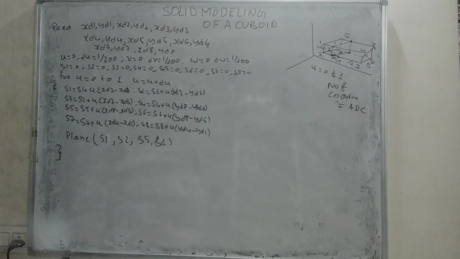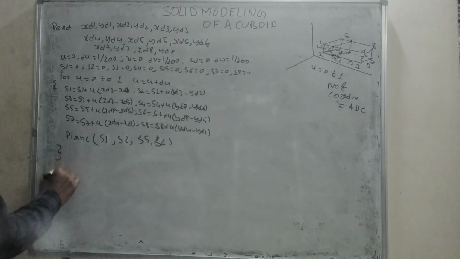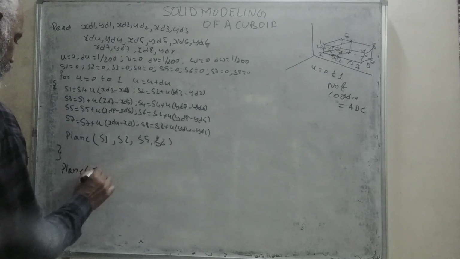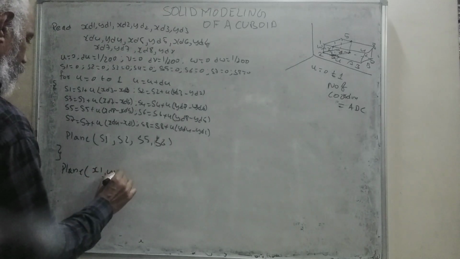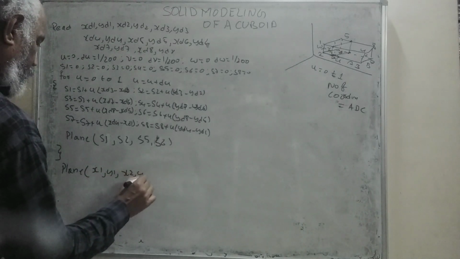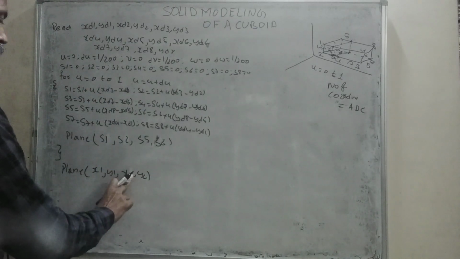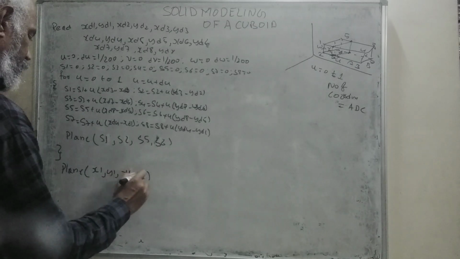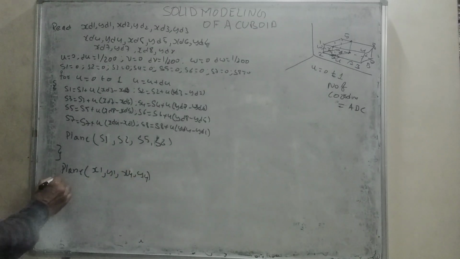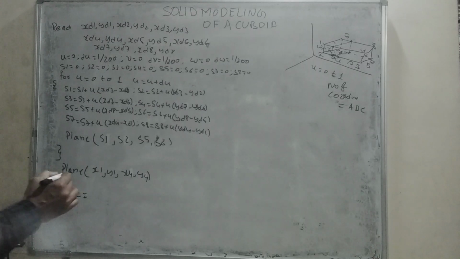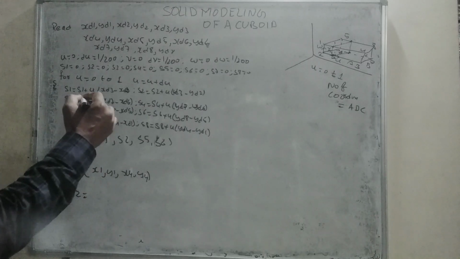Now, write down a program for the plane. In this plane, x1, y1, x2, y2, or x1, y1, x4, y4. This is what we will do. And x2 is equal to what?